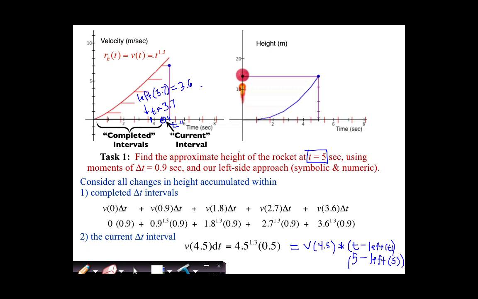All right, so left of some number indicates the interval boundary when we split the x-axis up into different intervals, where in each interval we're using one constant rate. So this is talking about the interval boundary that's closest to, but to the left of, whatever number you've chosen.